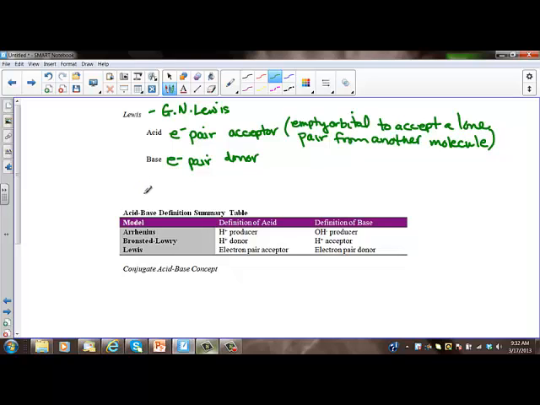So let's look at an example here. If I have H plus, and let's take the molecule NH3. I'm going to draw it like this so you can see it. Here's NH3, and that's going to yield NH4 plus.